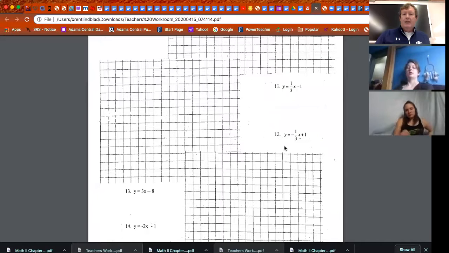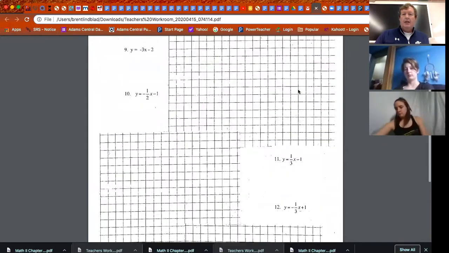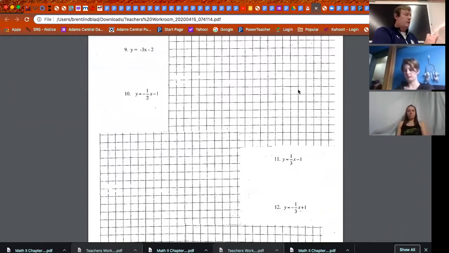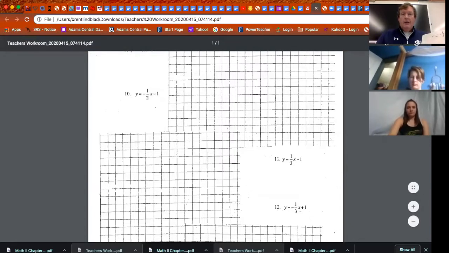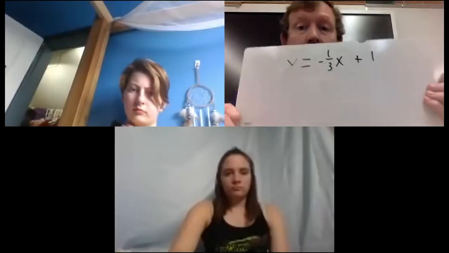That looks a little interesting there. Okay, it'll be very similar to number 11 there. Okay, but number 12, let me write that one down. Okay, so I've got y equals negative 1/3 x plus 1. Okay, I'm going to stop sharing my screen here so you can see this.